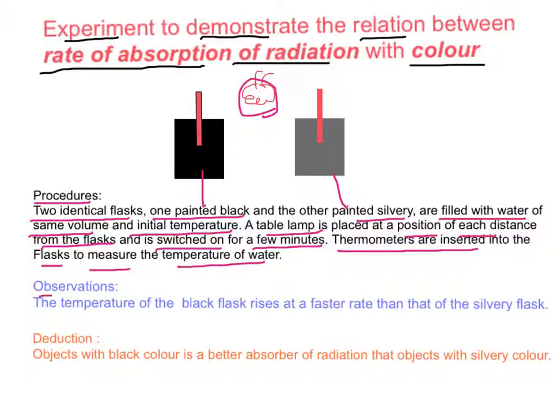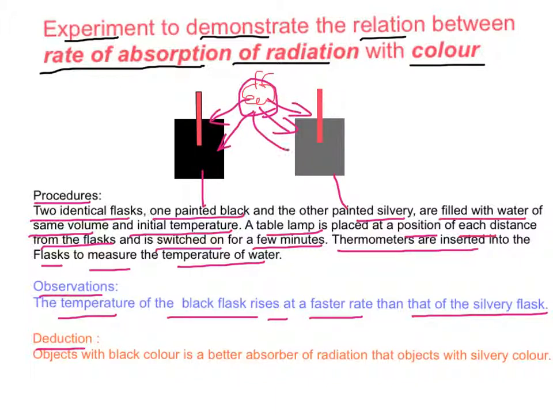What will be observed? The observation shows that the temperature of the black flask rises at a faster rate than that of the silvery flask. What can be deduced from the experiment? Result: since the lamp is at equal distance from the flasks, the lamp emits an equal amount of infrared radiation towards the flasks.